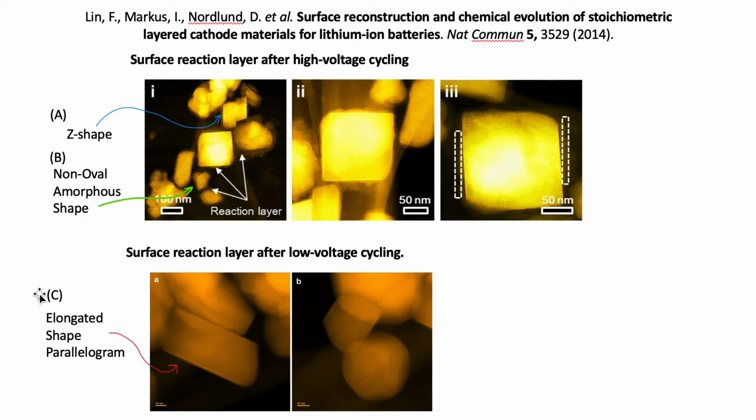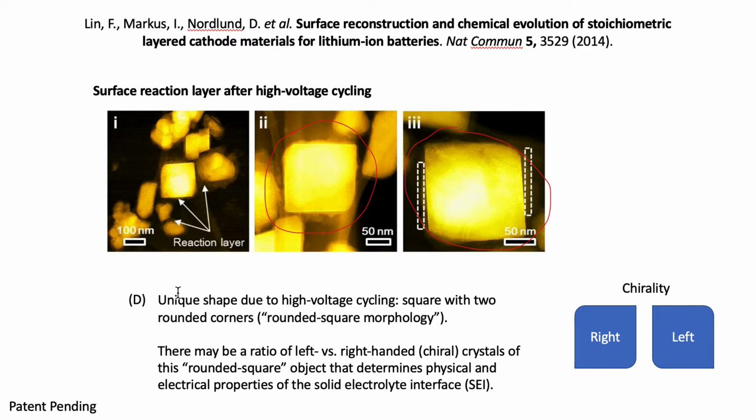I would like to highlight that in this same study, they found these rounded square shapes, as drawn here in this cartoon, that have chiral properties. If you look at the location of the sharp corners, there are left-handed and right-handed crystals of this shape. This is something area simply cannot measure, that is right-handedness and left-handedness, but the LCPC can.